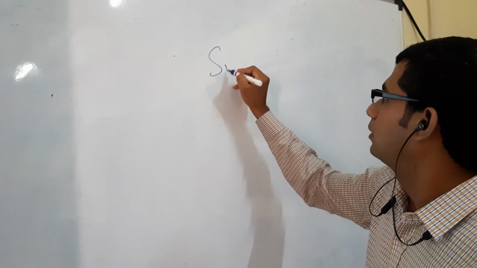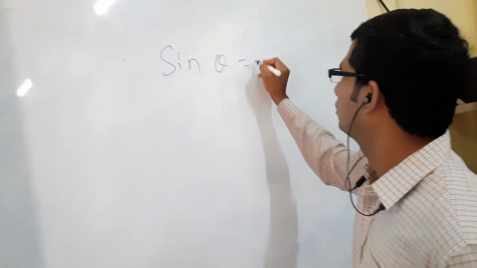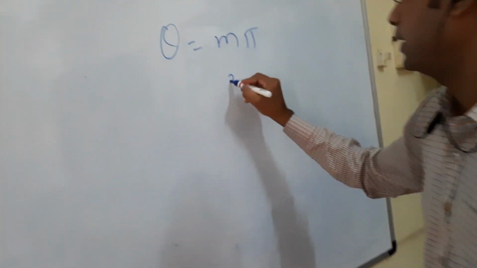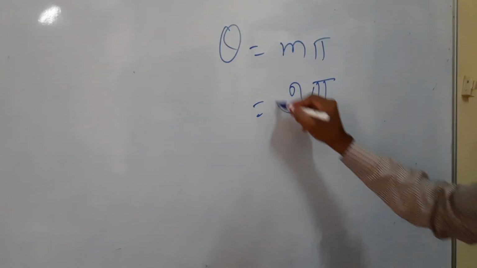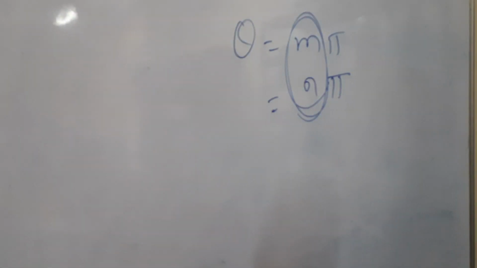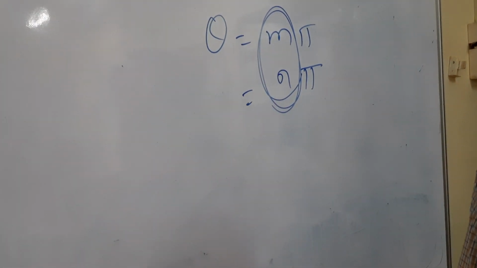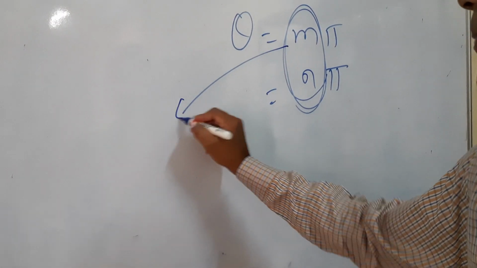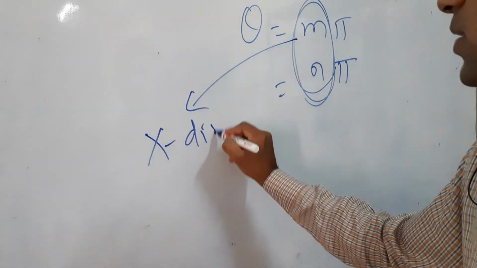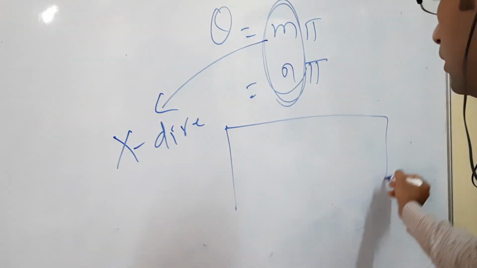If sin theta equal to 0, theta may be m pi or n pi. Right? These m and n are integers. They denote the number of half wavelengths. M denotes the number of half wavelengths in the x direction, or along the broader side.